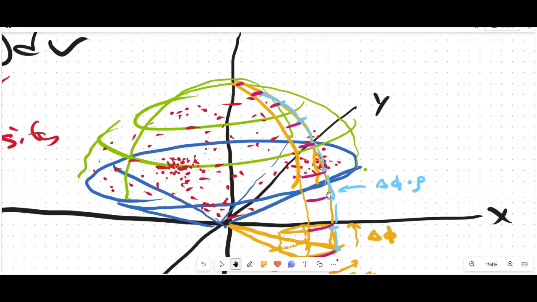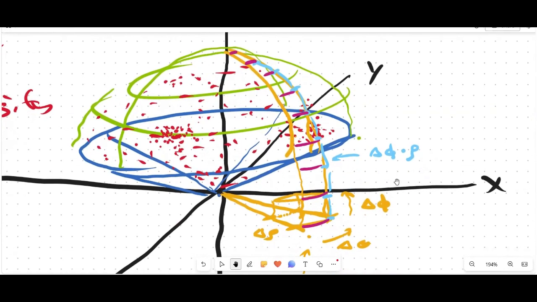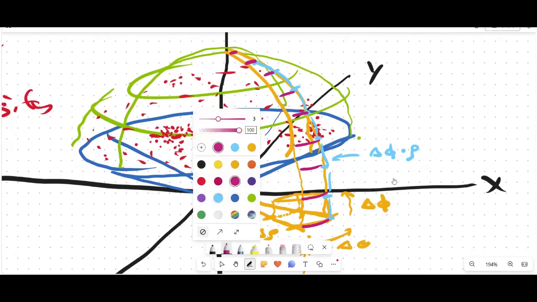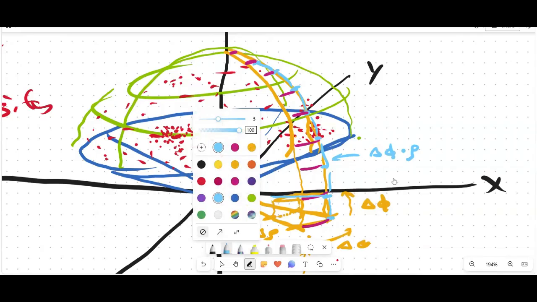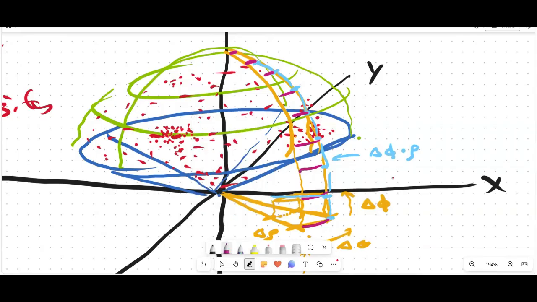Here's the deal. The arc length for phi is coming from these tick marks all being the same distance from the origin. You guys see that? But the magenta lines are all arc lengths corresponding to distances to the z-axis.